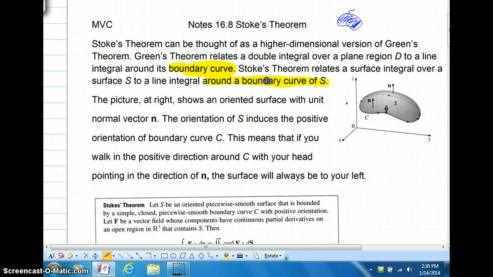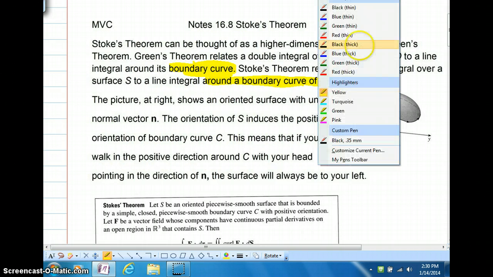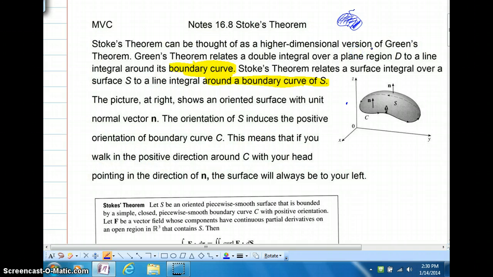And you know what? Our author doesn't do a tremendous job on this. I wish he would have clarified things just a tad bit more. If we define boundary curves very well, I think it can really help you. First of all, his explanation here is quite good.